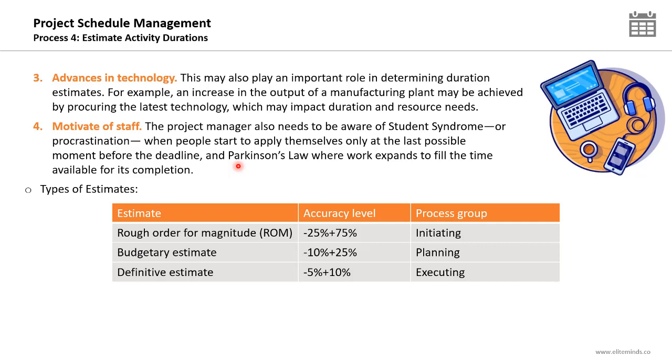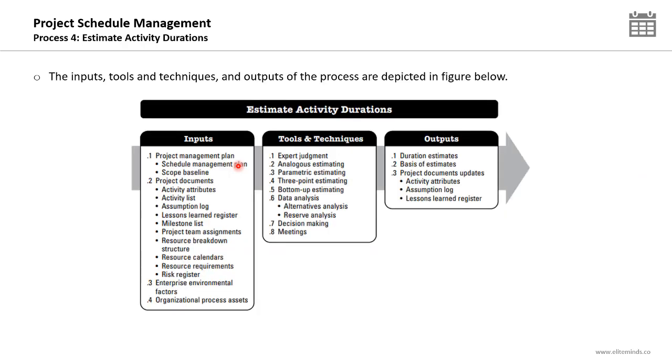The second one, which is a bit better in terms of accuracy, is the budgetary estimate. Usually it is estimated in the planning phase of the project with an accuracy level of -10% to +25%, and the most detailed one is the definitive estimate with an accuracy level of -5% to +10%, and it is part of the executing process group. So these are the three types of estimates.